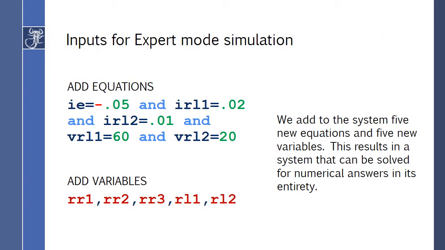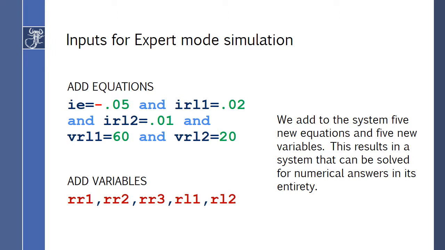The expert mode requires us to provide an equal number of equations and variables if we want to obtain numerical answers. So here we will write 5 equations and provide 5 variables. You can see here the 5 equations. Notice the current in the source has a negative sign because of the direction in which it's flowing.